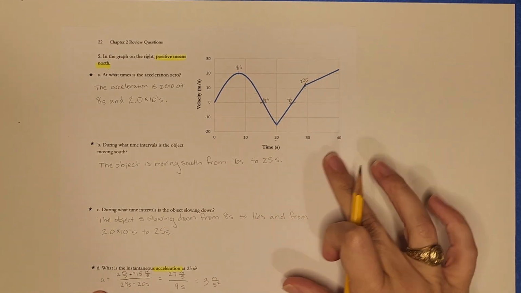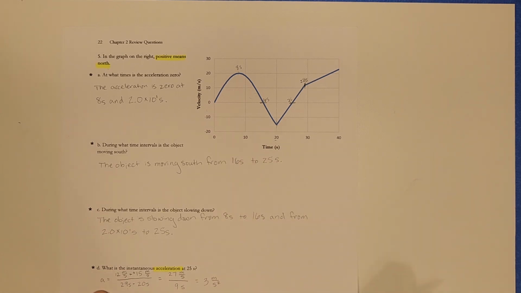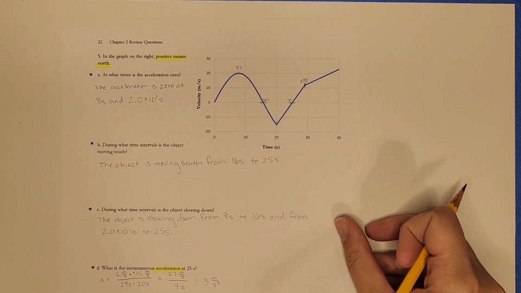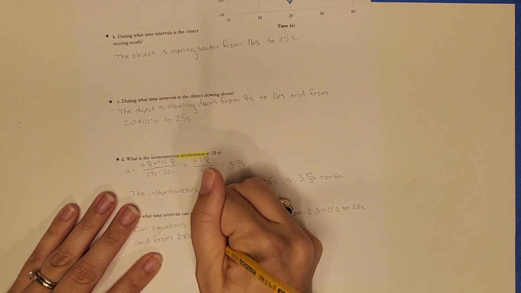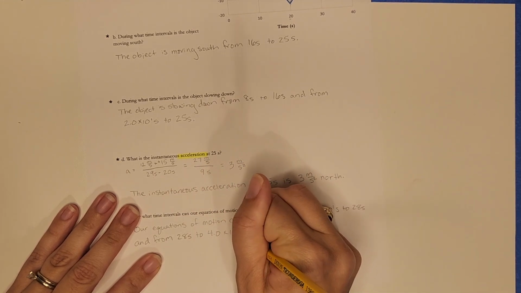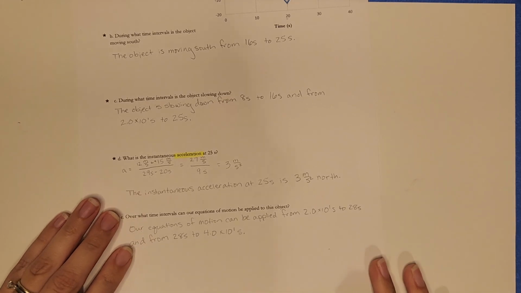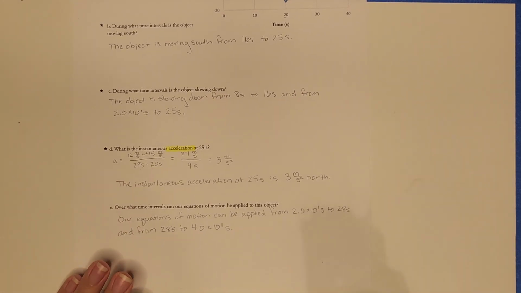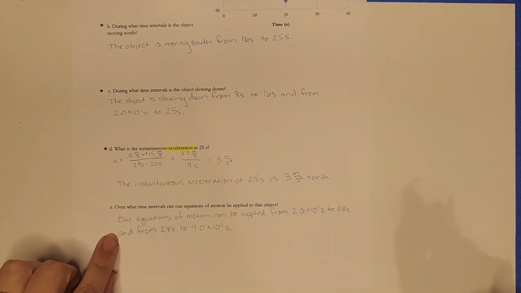And the 40, we're going to do exactly like we did with the 20. We just need to have the significant figures to the ones place. So we're going to say 4.0 times 10 to the 1 seconds. Okay, and that is our answer for 5E.